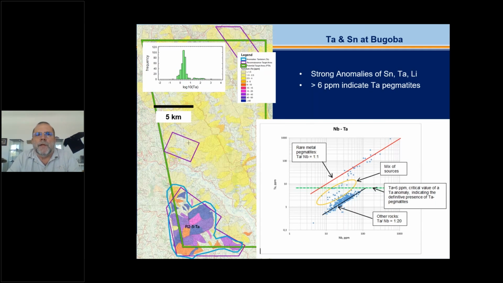Back to the pegmatites. How to trace them under thick laterite cover. So back to this chart, we have here normal rocks with a ratio of 1:20, tantalum to niobium, and we have here a few points indicating rare metal pegmatites with a ratio of 1:1, and this indicates a mix of sources.